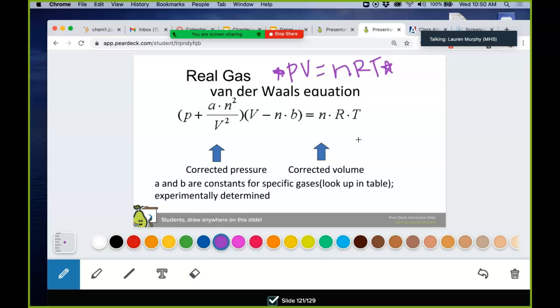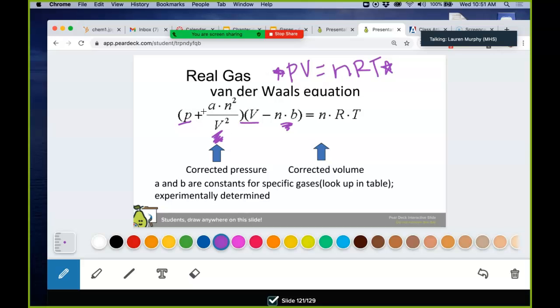It's called the van der Waals equation. It's gnarly, not in the sense that it's not plug and chug, but it's just a lot of stuff going on and it takes forever. So we're going to do it. So look at PV equals nRT, and then these adjust for the fact that it's not an ideal gas.